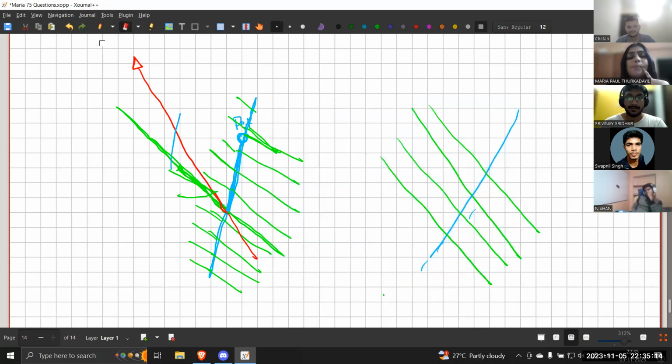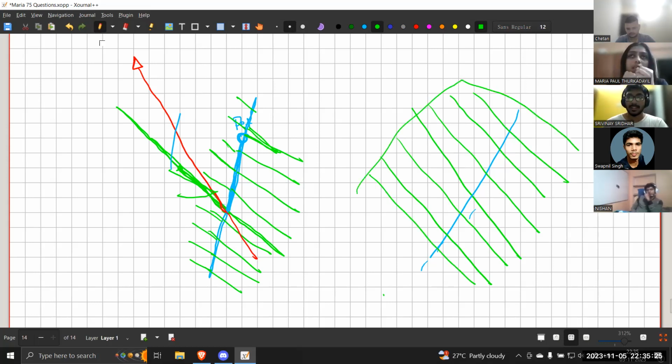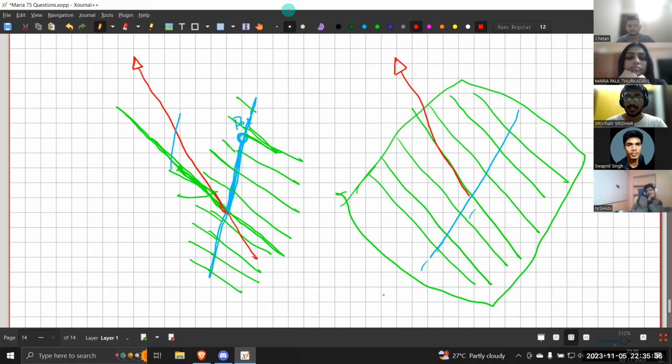Perfect. So I see that now I can go in zigzag patterns. I can go the entire plane passing through this. And then this new red dot happens to be outside this, and I have to go in this direction to find it.